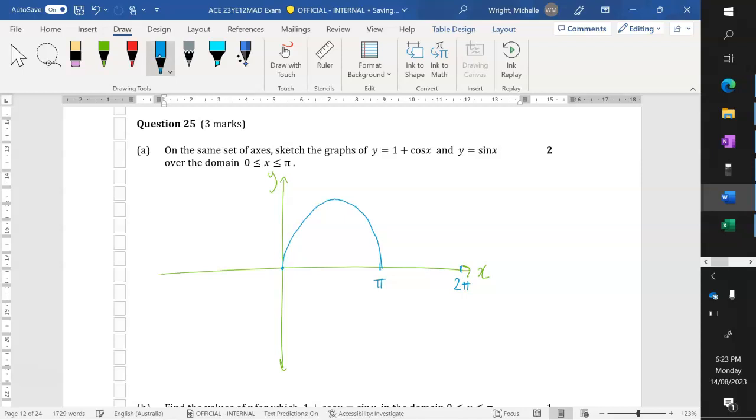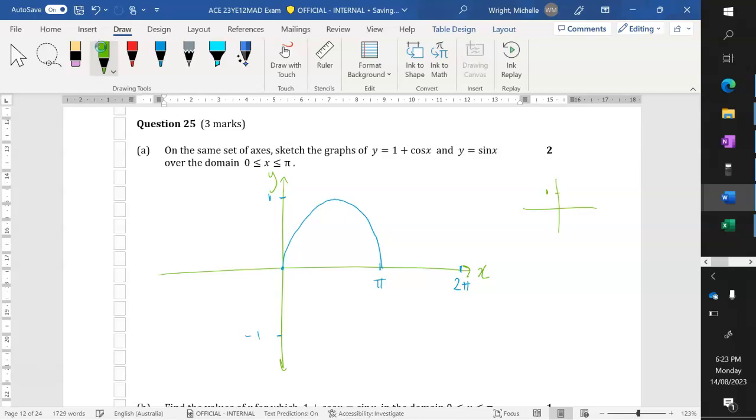Now, y equals 1 plus cos of x. What I suggest you do is take a pencil into the exam with you and do your basic graphs either on the main graph or next to it, a little sketch of what cos of x would look like.